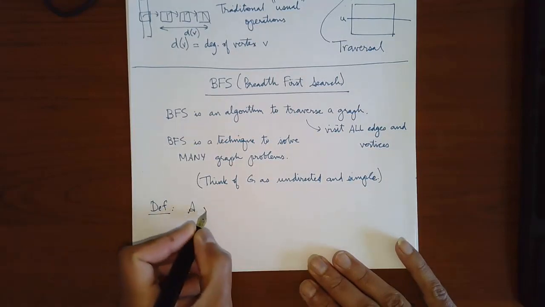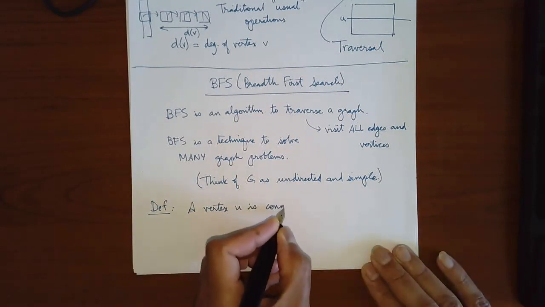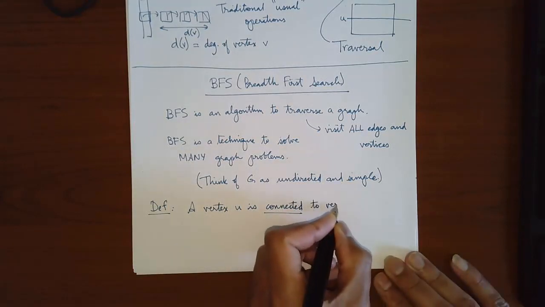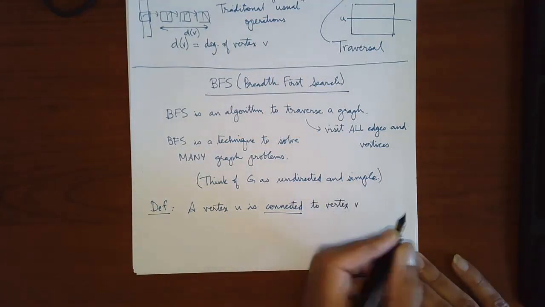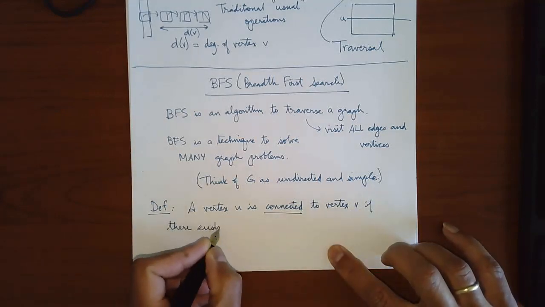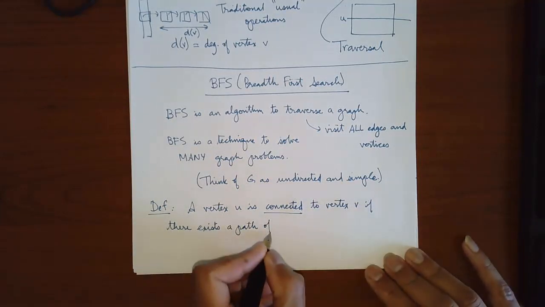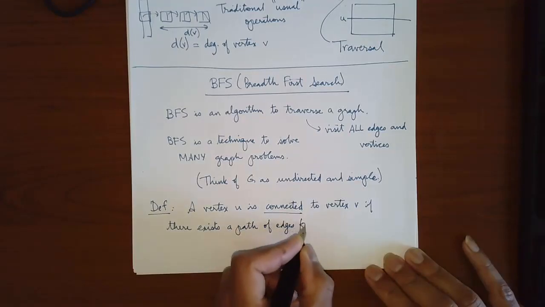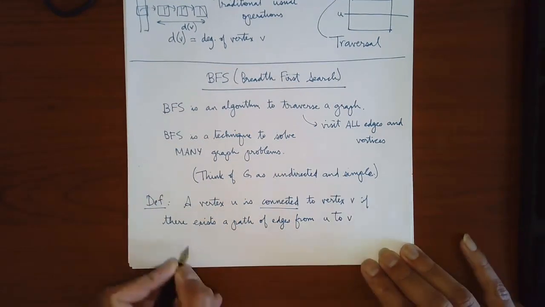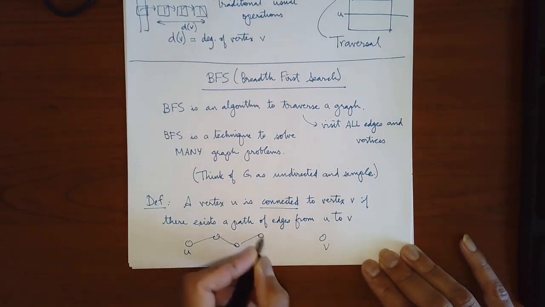So I'll say a vertex U is connected to vertex V if there exists a path of edges from U to V. So what this means is U is connected to V if you're going to have some sequence of edges like this.